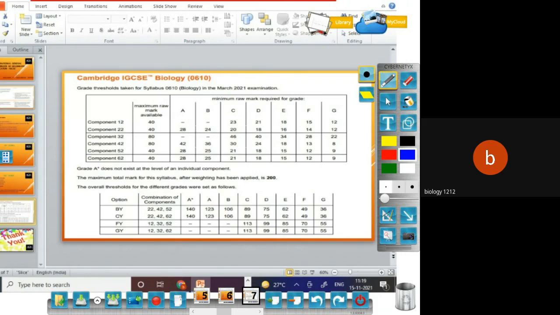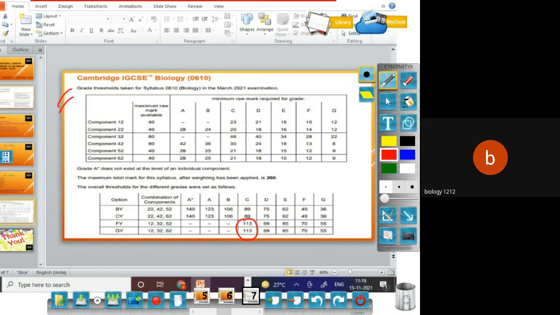And the last one is about the grade threshold. Please have the grade threshold copy with you. For example, those who are going for core, if you want to secure C grade, which is the highest grade in core, your total aggregate should be about 113 out of 200, that's the syllabus total weightage.